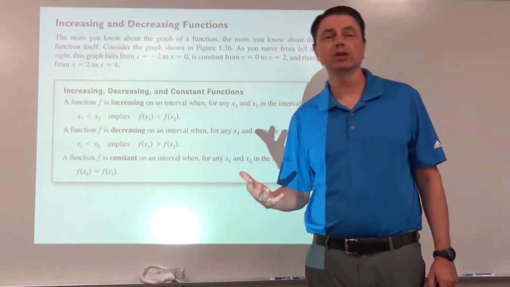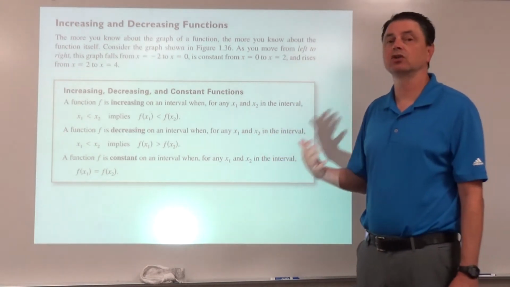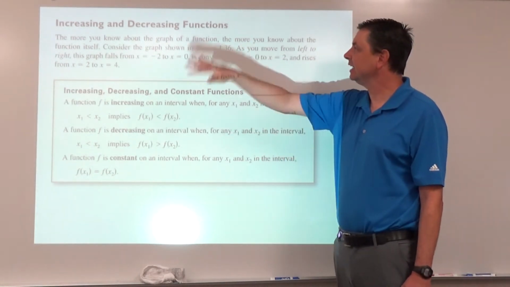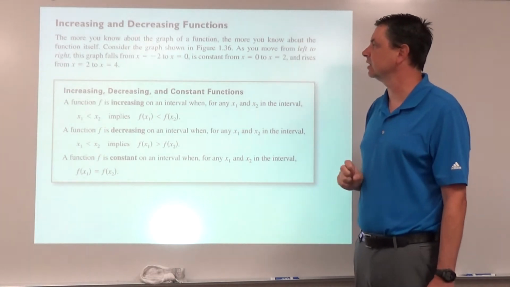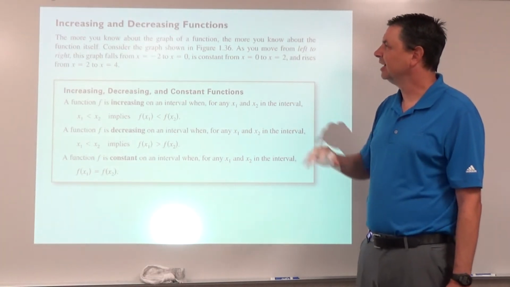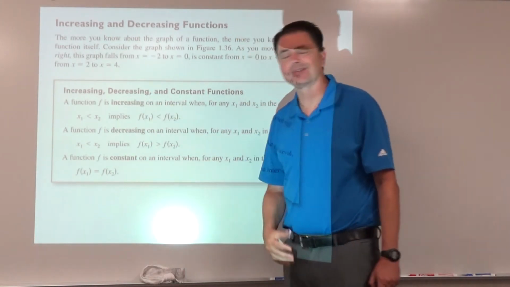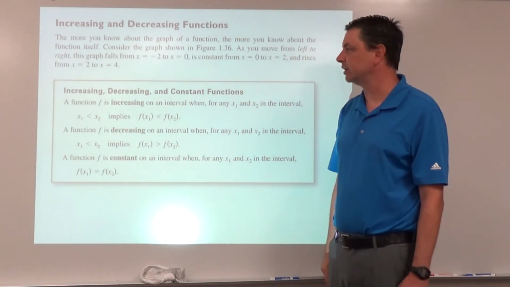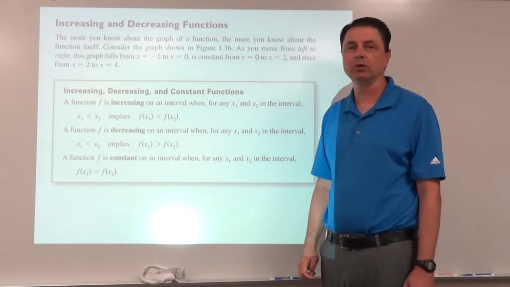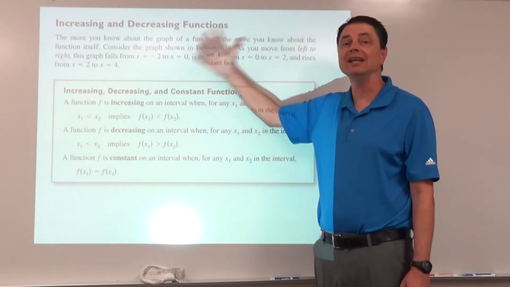Another thing about functions that we're going to look at in terms of their graphs is analyzing increasing and decreasing functions. Book definitions, as you can read through here, really get to be very, very complicated, and the language, if you can understand it, great.